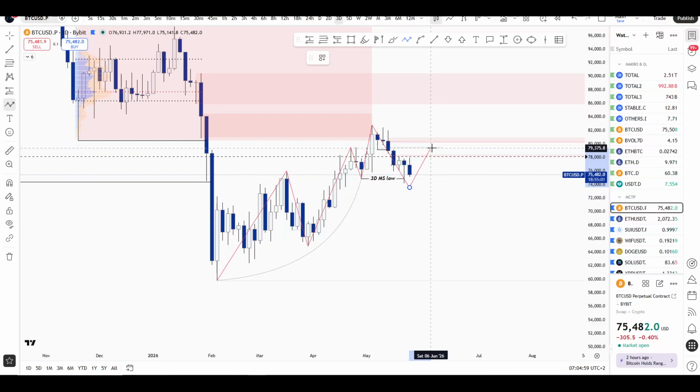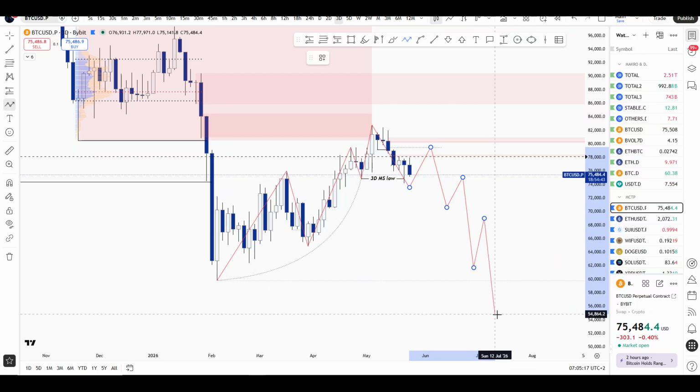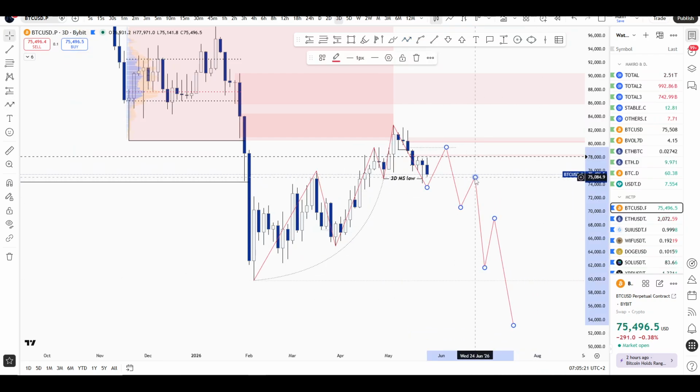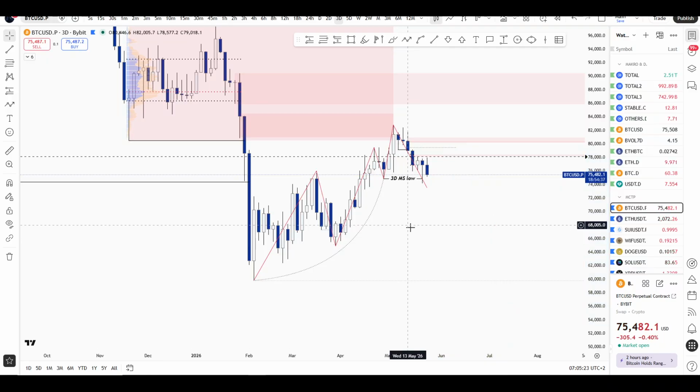We take out some highs, and then we don't have to predict this now, but it's only for you to see what I mean. So we break market structure and then we get the lower high for the lower low, and from here we continue our move down. This is always like this.